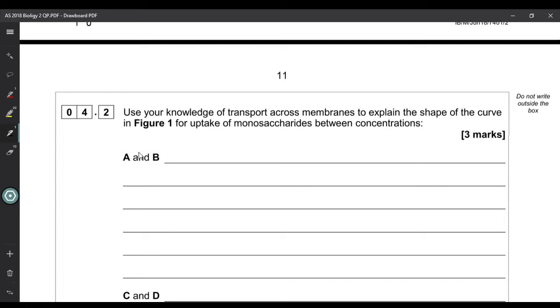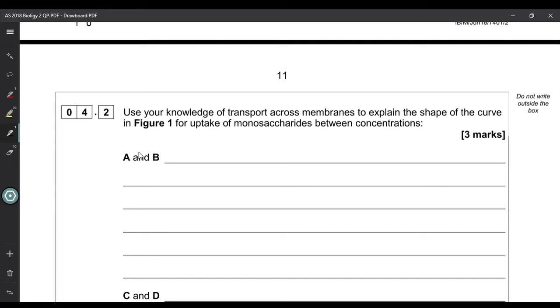That's indicative of a process where the movement is through carrier proteins, and because the rate of movement is going up as we have a higher external concentration, that's showing that not all of the carrier proteins have reached saturation.